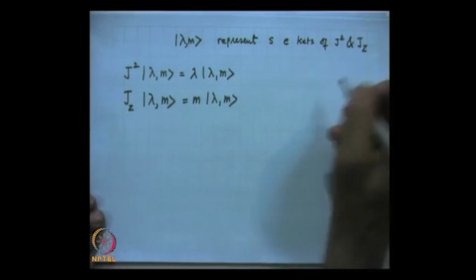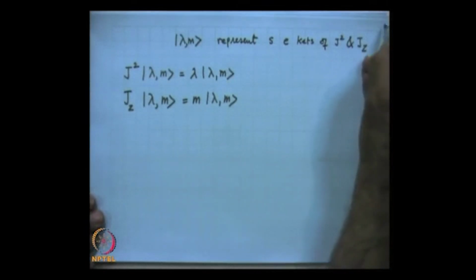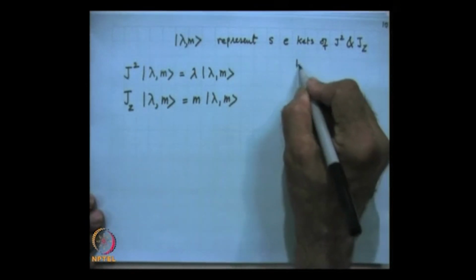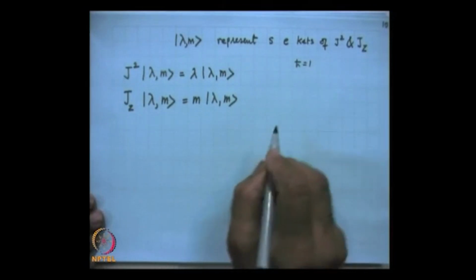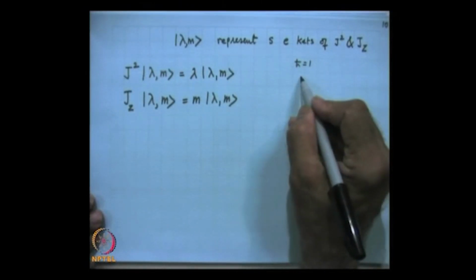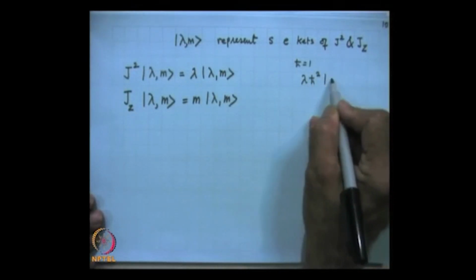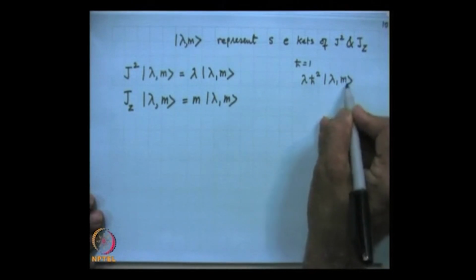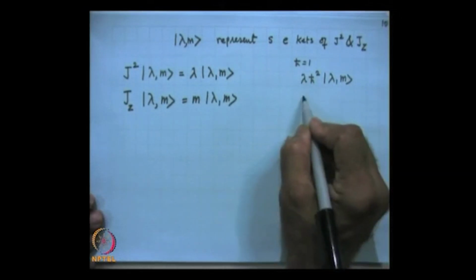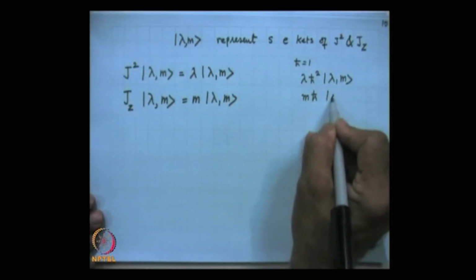Actually, we must remember that we have assumed h cross is equal to 1. So, actually what we are saying is that on the right hand side it is lambda h cross square times ket lambda m, the h cross square is hidden, and this is m h cross ket lambda m.